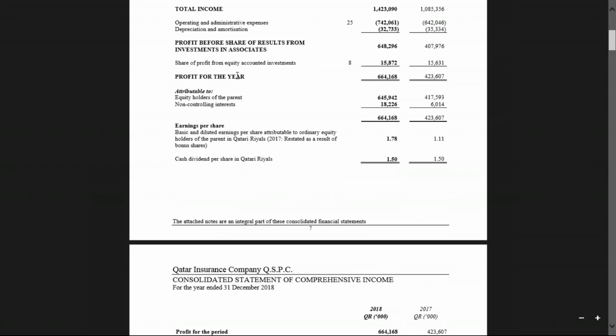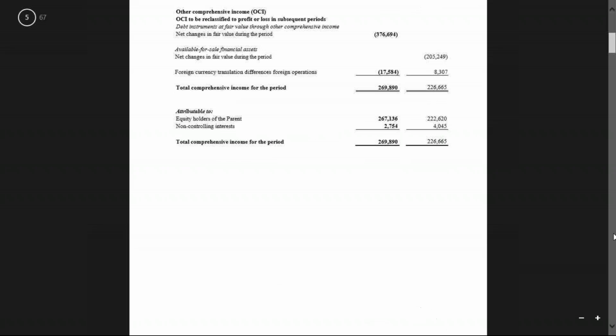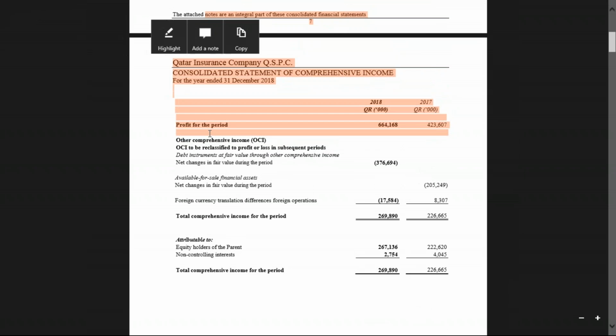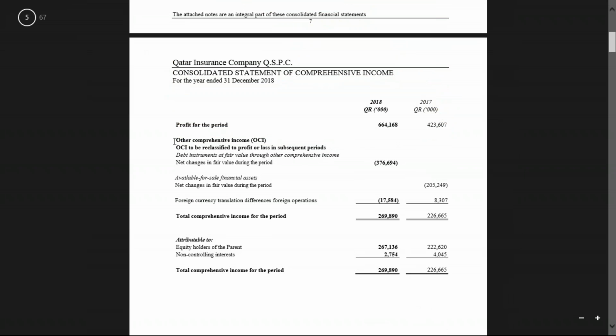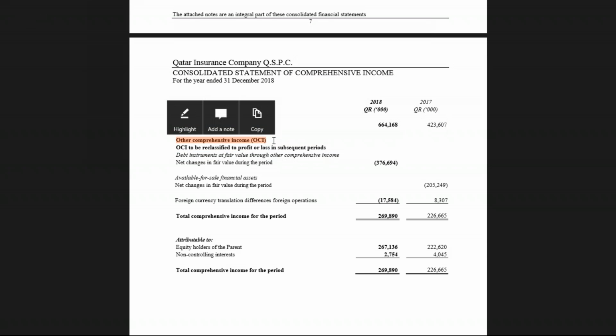At the end of the year you are computing the profit. When you're computing the profit, there is other comprehensive income, which needs to be adjusted. And this is where we come across the next set of things.